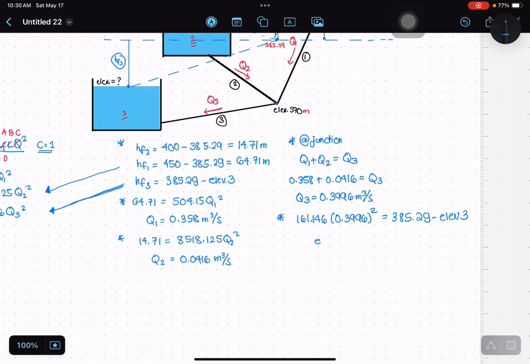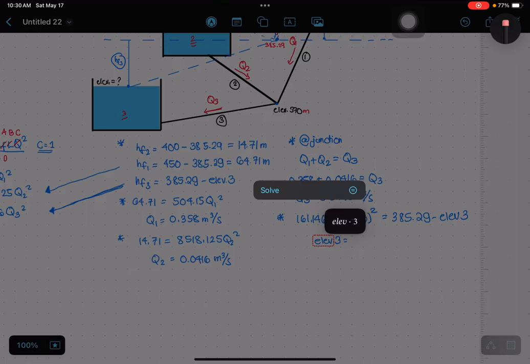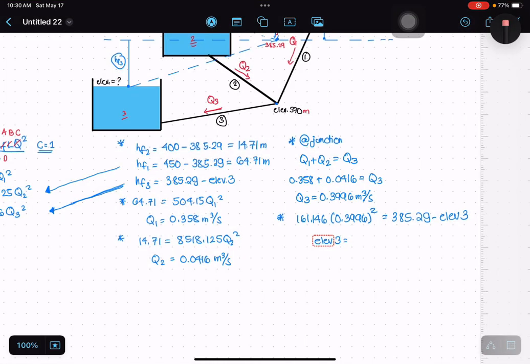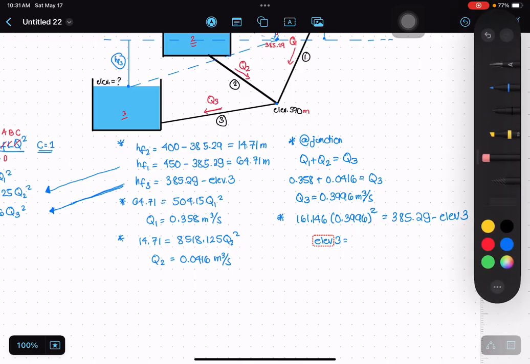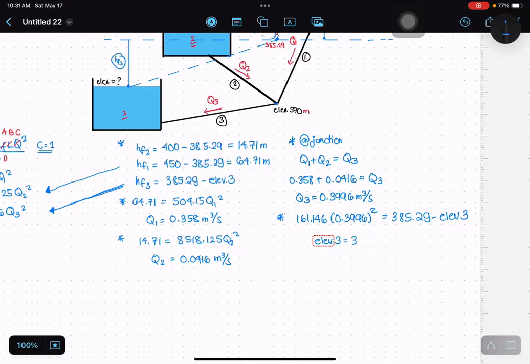And from here, you can get the elevation sa 3. So, you have 359.558 meters. So, that is our elevation at 3.